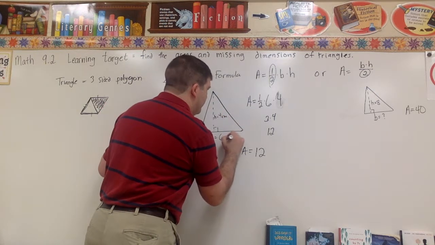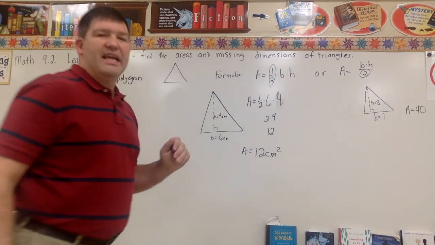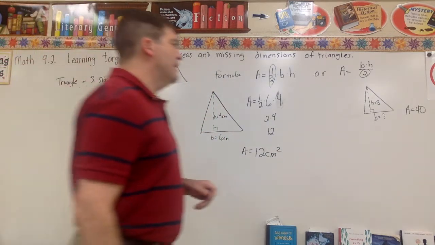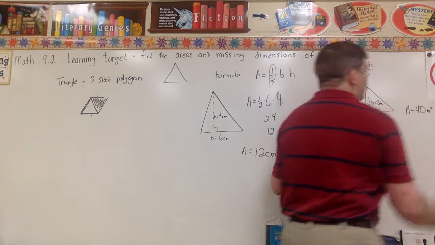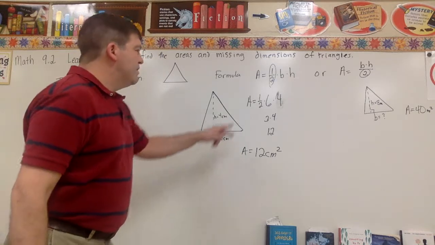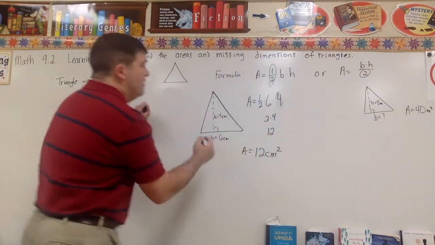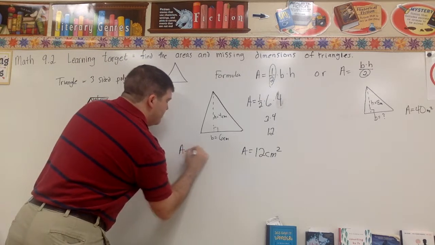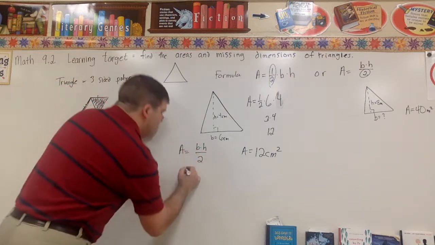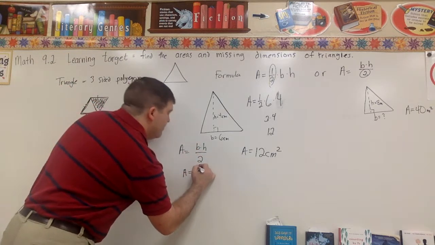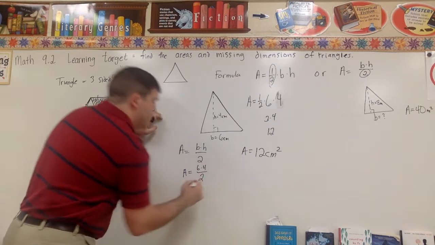What if I do cms here? 12 centimeters squared, because it's the area. I'm going to do this as meters. So I could do it this way times a half, but if I would use the other way, where area equals base times height divided by 2, that would be area equals 6 times 4 divided by 2.